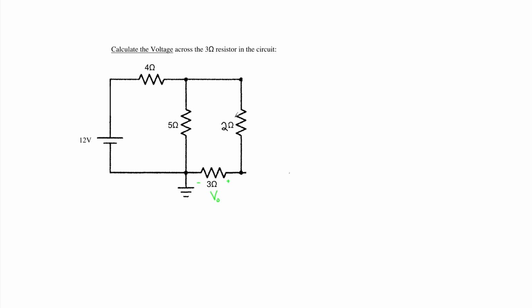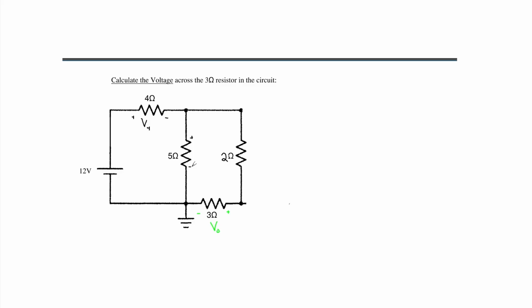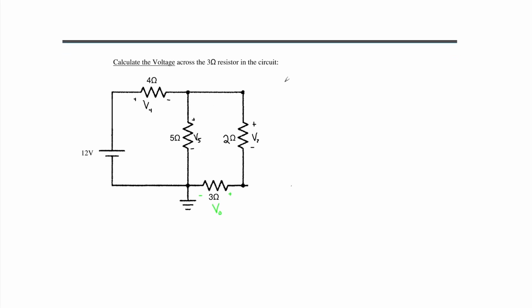Well, we can identify the voltage across all of our other resistances as V4, maybe V5, and V2. Perfect. And we can see that 12 volts is equal to our voltage of V4 plus V5, or V4 plus V2 plus V naught.